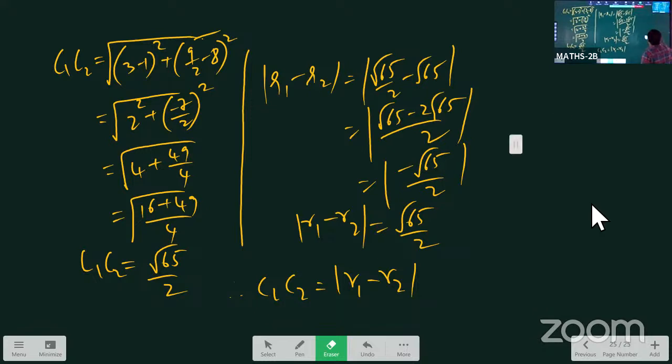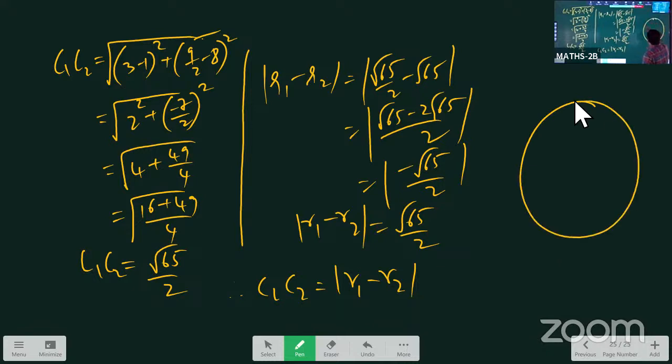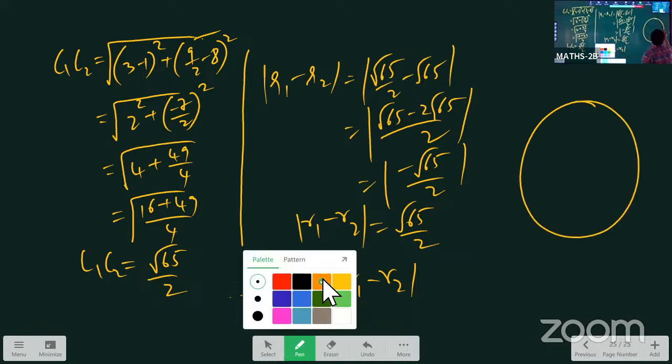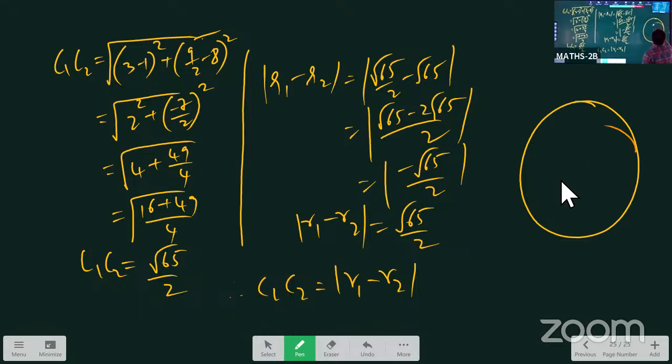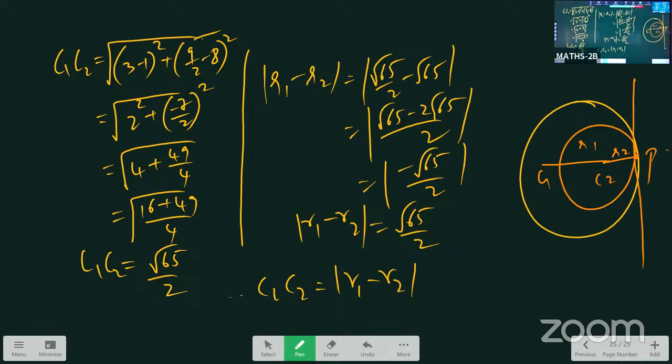It means what? The circles are touching each other like this internally. This is your C1, this is your C2, this is your R1, this is your R2. This is the point of contact and this is your common tangent.